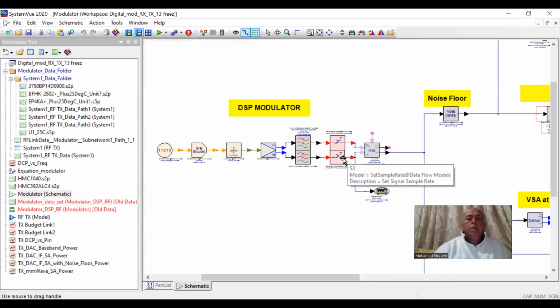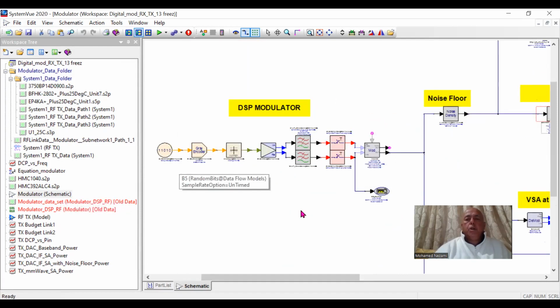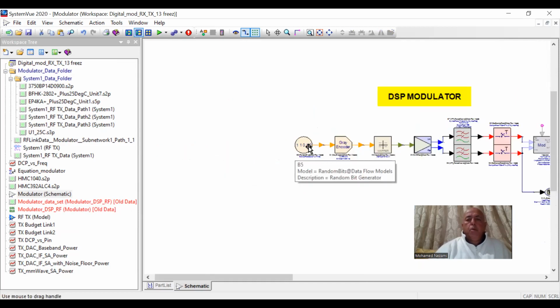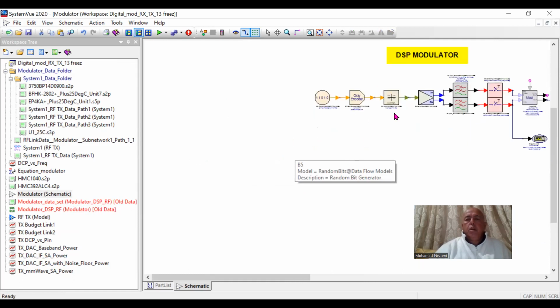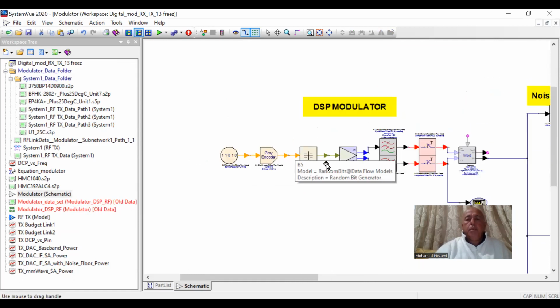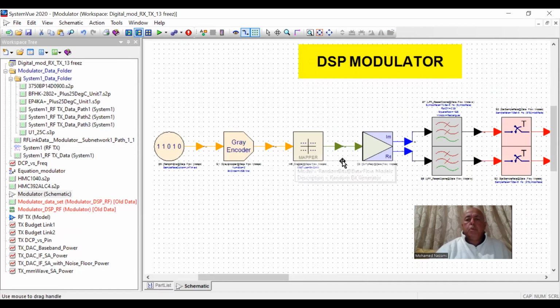This is a DSP modulator that modulates a QAM signal. At this time it's set for 64 QAM, 200 megahertz bandwidth. We start out with random bits, ones and zeros, and then we gray encode them and map them into QAM symbols.